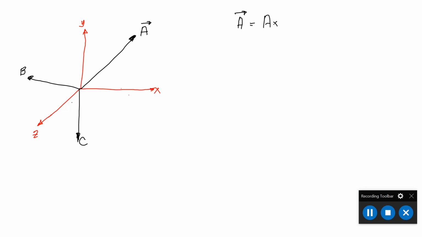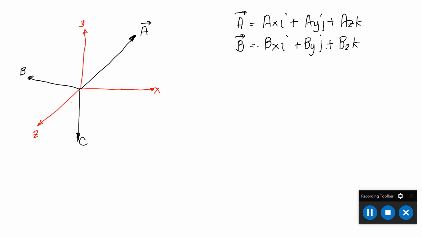Say A_x i plus A_y j plus A_z k. Then vector B is also given in its vector form, B_x i plus B_y j plus B_z k. Then vector C or force C is also given in its vector form. You have the C_x i plus C_y j plus C_z k.